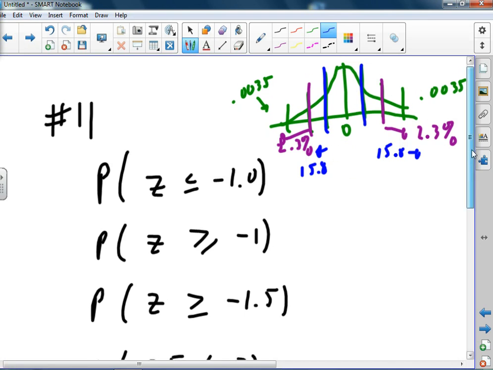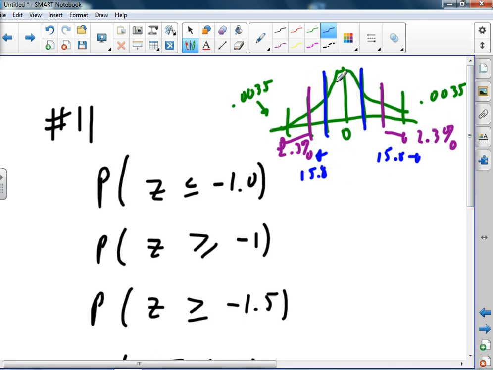So inside here, I can come up with 68.3, and for 2 standard deviations, I can come up with 95.4, and with 3 standard deviations, I can come up with 99.7%. So that's the inside, but now I'm looking at what's on the outside.